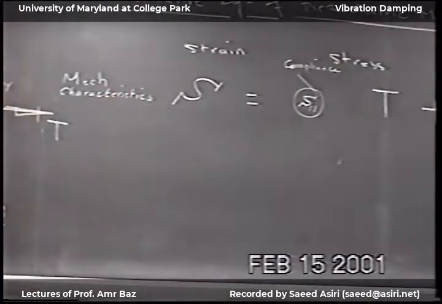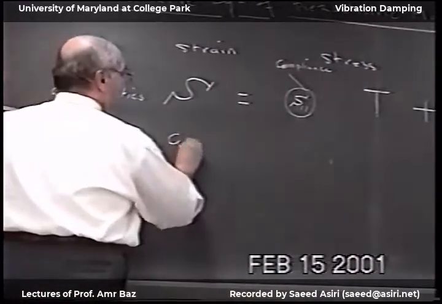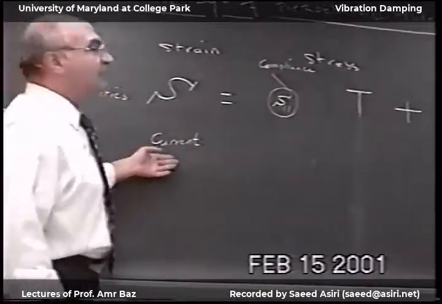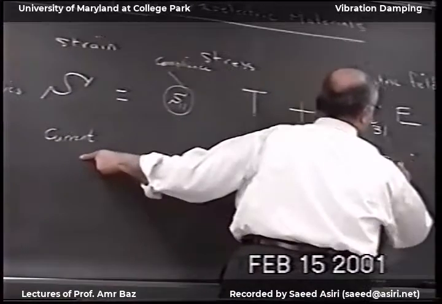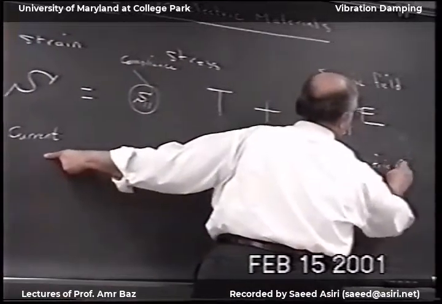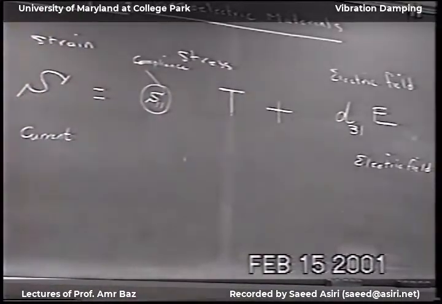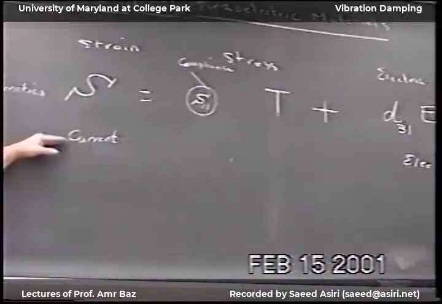I can also look at the electric characteristic. So I can say, for example, the current that I generate is related to the electric field. In piezoelectricity, we will not deal with current for now.